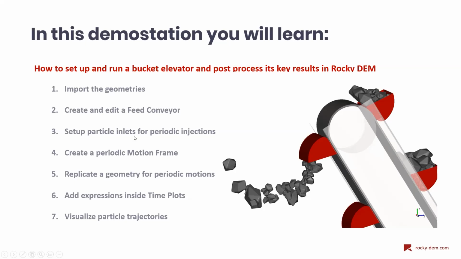Later, we'll set up the particle inlets for periodic motions, and then we'll create a periodic motion frame. Next, we'll replicate a geometry for periodic motions, and after running the simulation, we'll show how to calculate an average material weight in each bucket by adding custom expressions inside time plots and visualize particle trajectories.